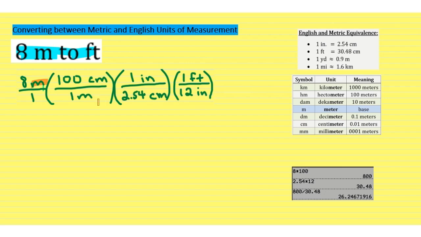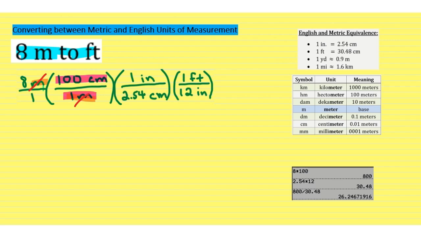So I'm going to go find how to eliminate meters. Again, this particular equivalency is not on one of the charts, but from our previous problems, we know that 100 centimeters is equal to 1 meter. If we set it up like that with the meters in the denominator, that means I can eliminate the meters in the numerator and the meters in the denominator.